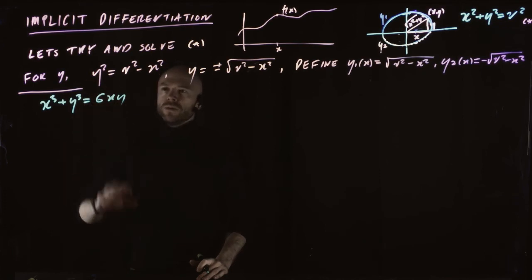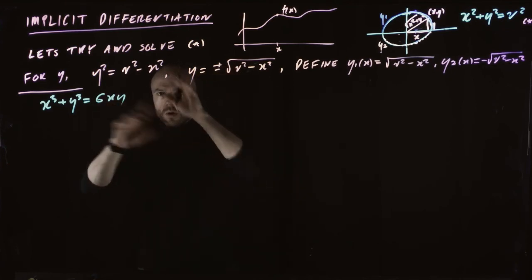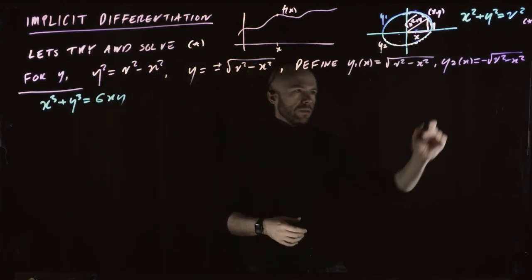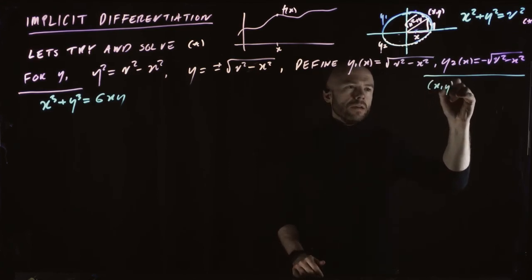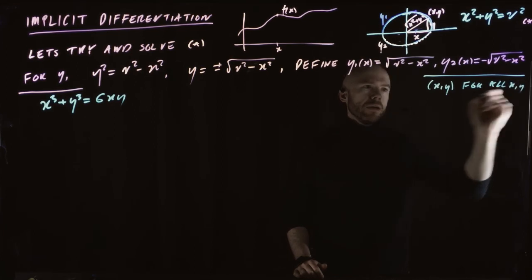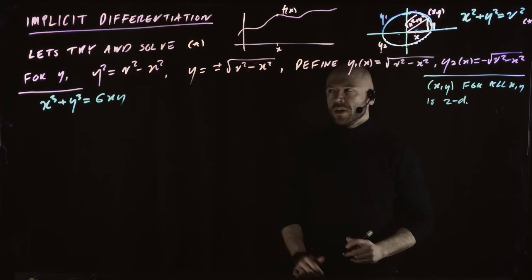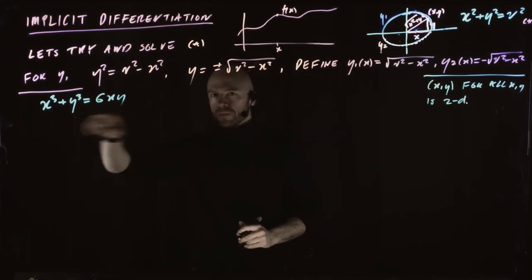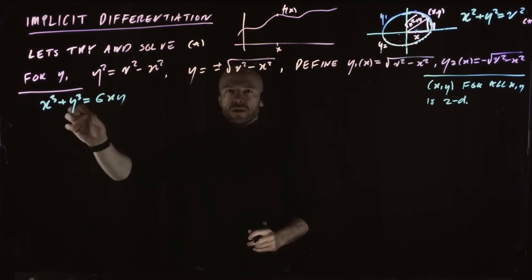Now why do we know it's a one-dimensional curve? Well, think about the fact that the set of all x and y in the plane is a two-dimensional set, right? So x comma y for all x, y is 2D. And if we have an equation like this, then we are relating x to y. We are constraining the degrees of freedom.